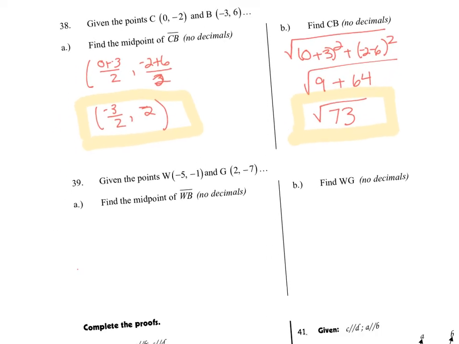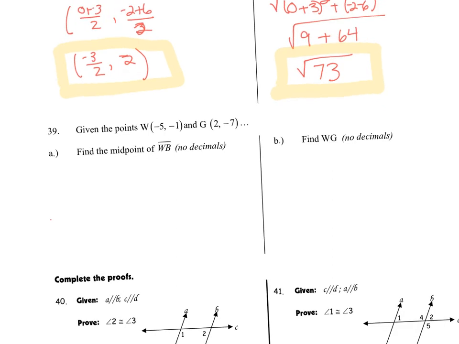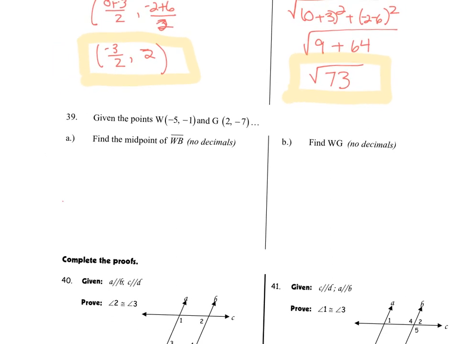Okay, and then 39 is the same type of problem. It asks for both of those pieces of information again, the midpoint and the distance.